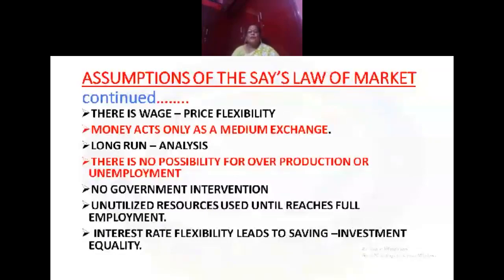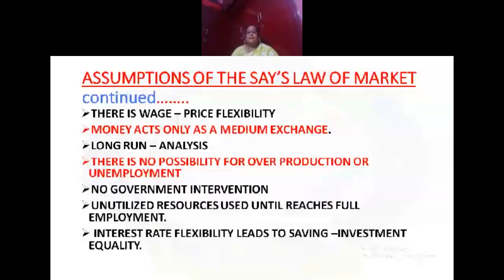There is no possibility of overproduction and unemployment. On this point, I wanted to say, sometimes he says that it is an assumption. Yes, we agree. But do you think that all the people will be buying the same product at the same time?